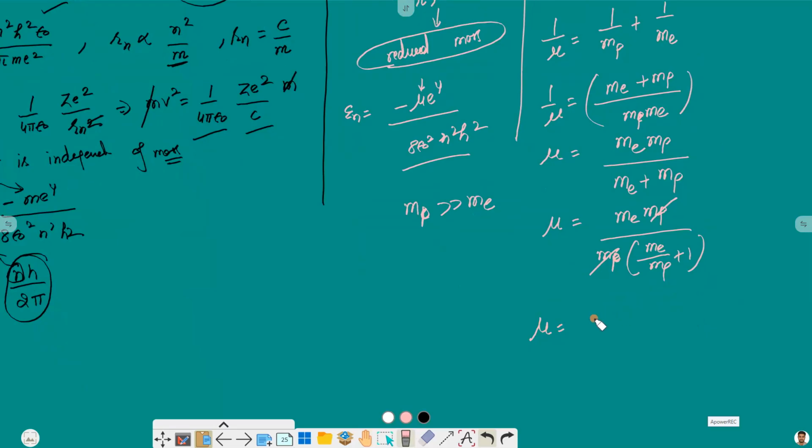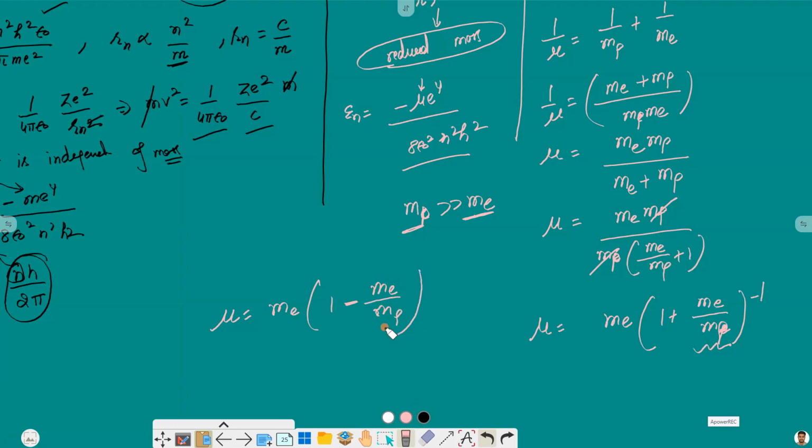And this reduced mass comes out to be Me into 1 plus Me by MP raised to the power minus 1. Again, the mass of proton is very large compared to the mass of electron, so this term is very small. So we can apply the binomial approximation, and this comes out to be 1 minus Me by MP. So this is the final expression.